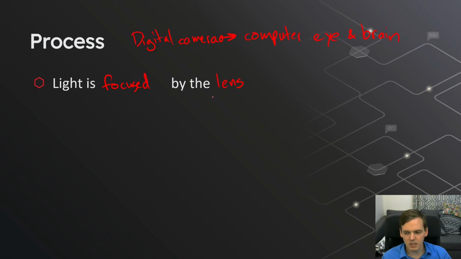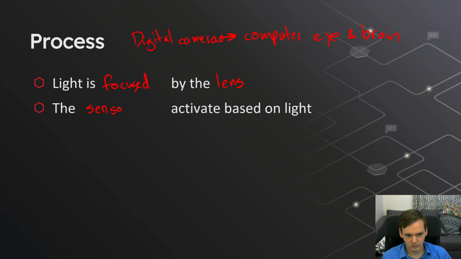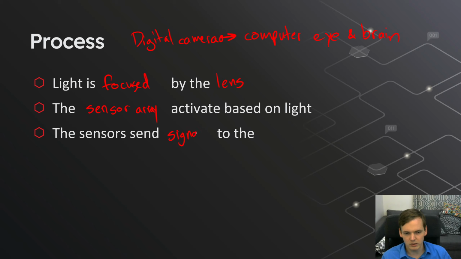The light that comes in through the camera lens is focused onto a sensor. And then the sensor array activates based on how much light is hitting it. The sensors send a signal or several signals to the computer or the part of the computer that's interpreting that data.